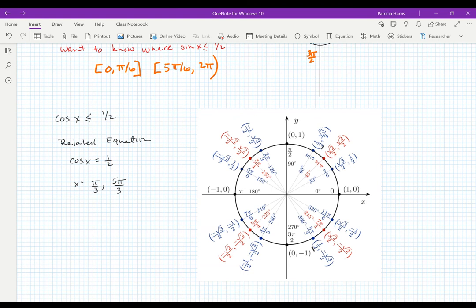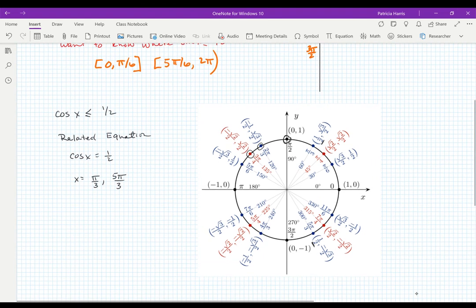Less than 1/2 would definitely be 0, right? Would definitely be negative 1/2, negative radical 2 over 2. All of this in here because it's negative, right? And that goes back up to 0. And it's less than 1/2 here.